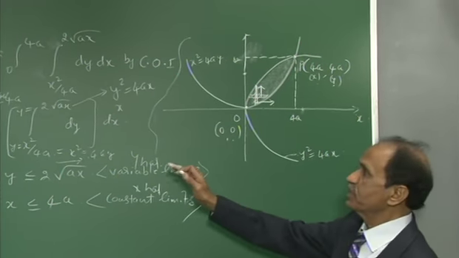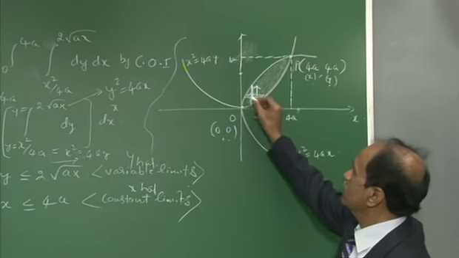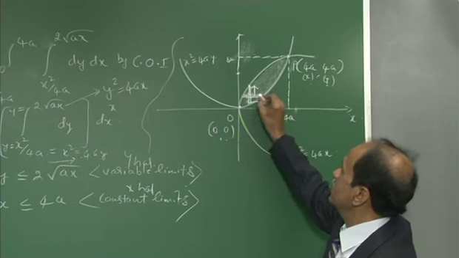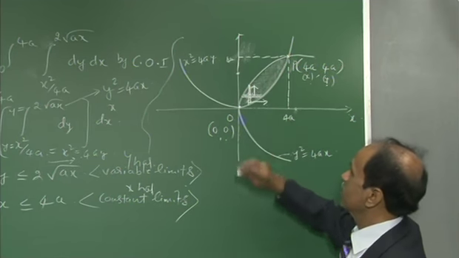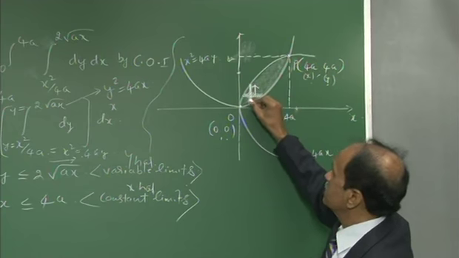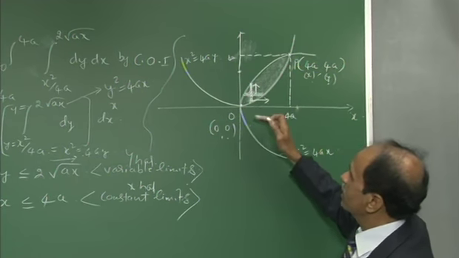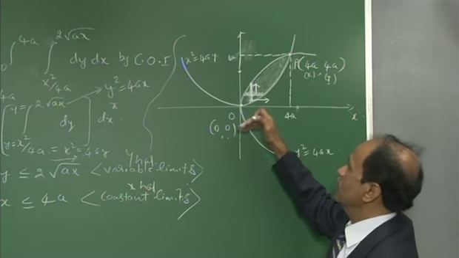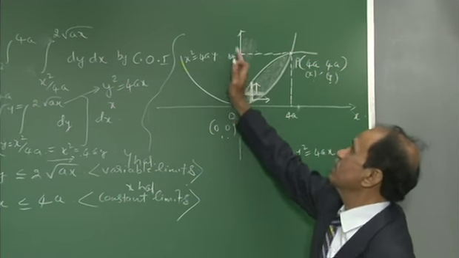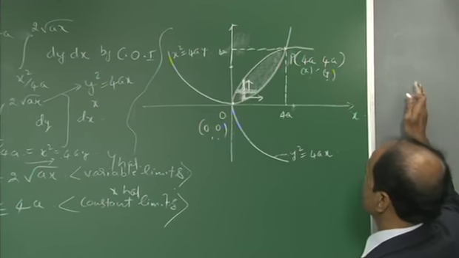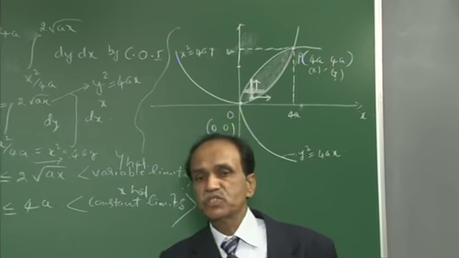Let me repeat the case. Here the total length is between 0 to 4a. Now, if I choose the strip not parallel to the x axis and moving up and down, but parallel to the y axis, I am moving it towards the positive x axis.